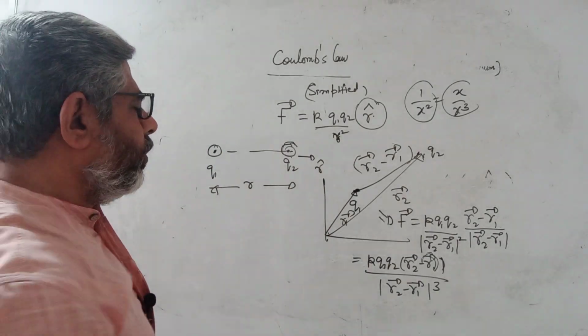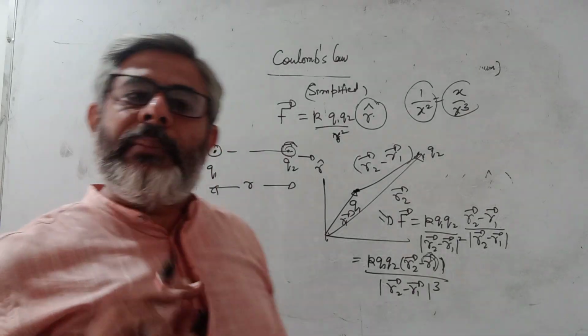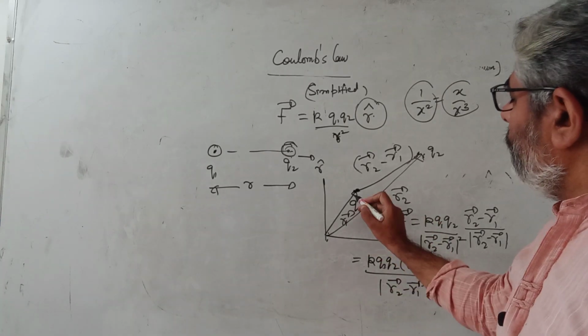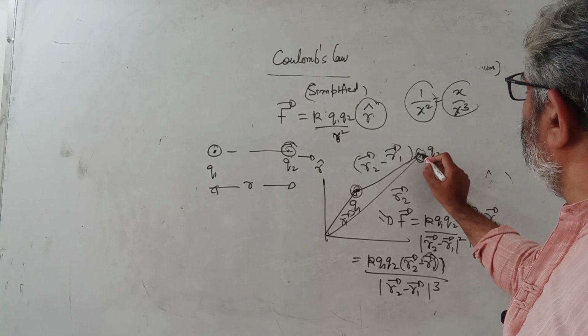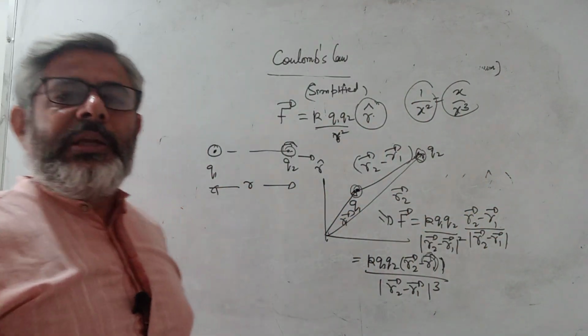But if the charges are not at the origin, if they have position vectors, so if you are not clear about the vectors, you should once go back and revise your chapter on vectors, that what is the meaning of position vector of this charge and what is the meaning of position vector of this charge. And if you are not clear, you can raise that doubt, I will clear it for you sometime.